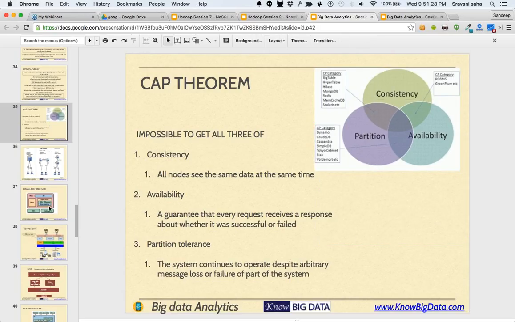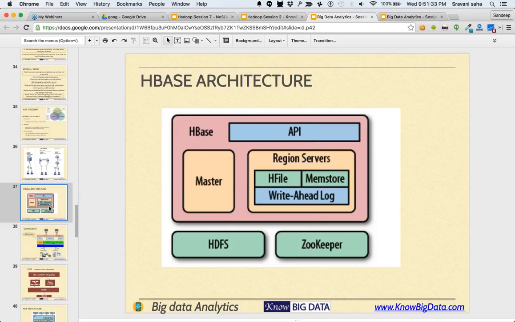Now, HBase is one kind of database which is not highly available but is consistent and partition tolerant.